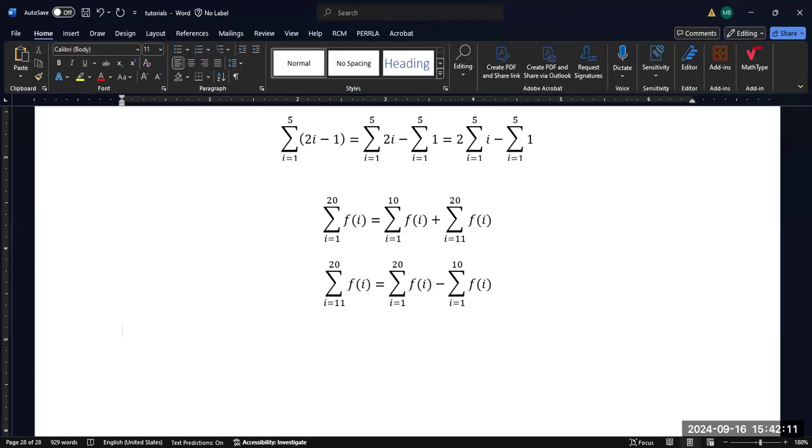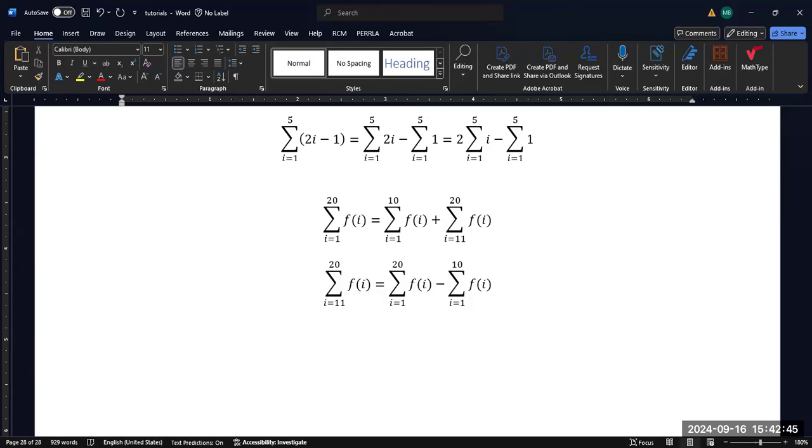And so if you have a representation that does not start at 1, you're going to have a hard time using the formulas. But if you remember this relationship, then you can rewrite your expression with terms that both begin at 1. So you add up all of the ones in this case to 20, and then you subtract off the ones you don't need, which are the ones between 1 and right before your next sum starts.